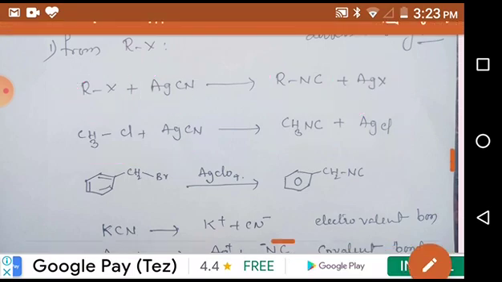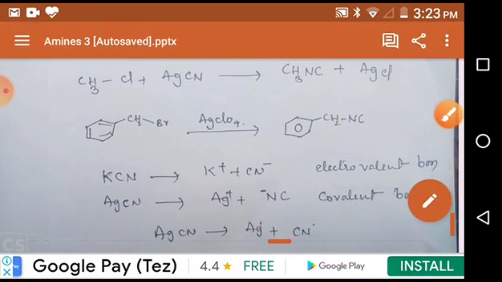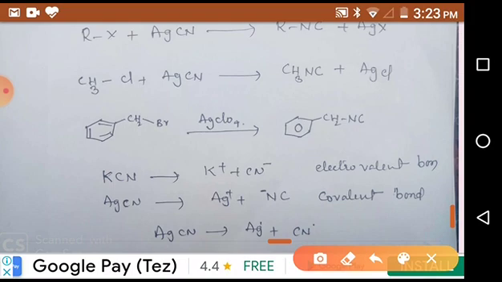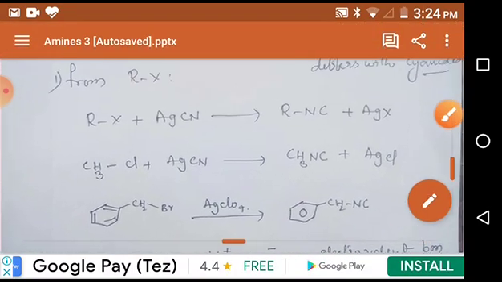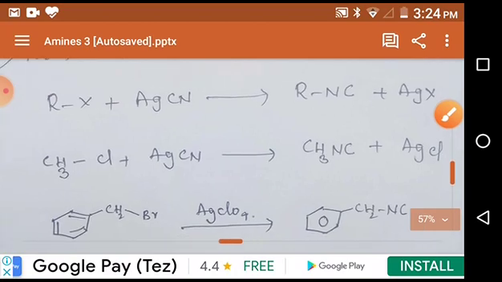Next, benzyl bromide with silver cyanide gives benzyl isonitrile. Silver cyanide has to be used.